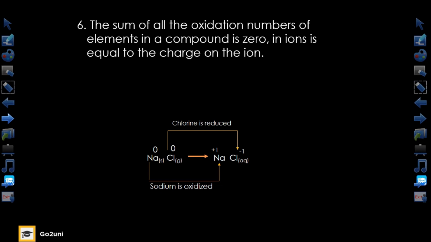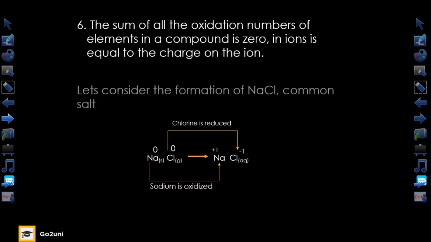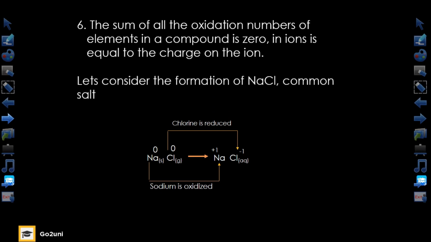But if it is a radical, that is to say an ionic representation, then it will be equal to the charge of that radical. The sum of all oxidation numbers of elements in a compound is 0, but in the ionic state, it is equal to the charge of that ion. We shall get to understand this when we carry out some calculations.